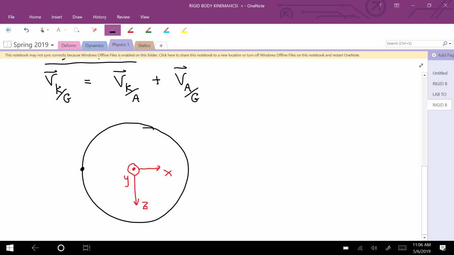And here's our point A. The rotation is like this, and so the velocity vector is this way.